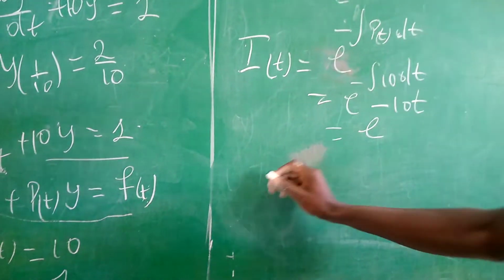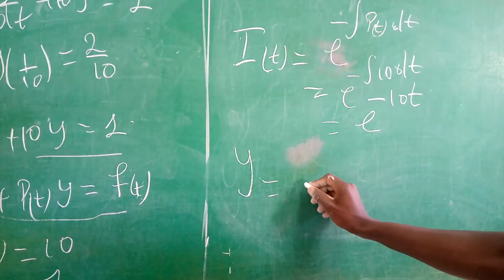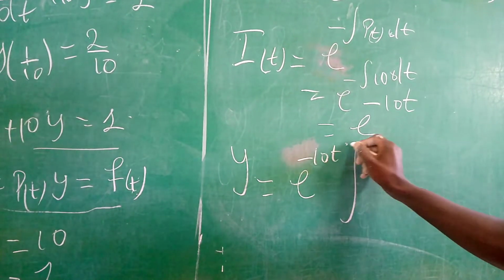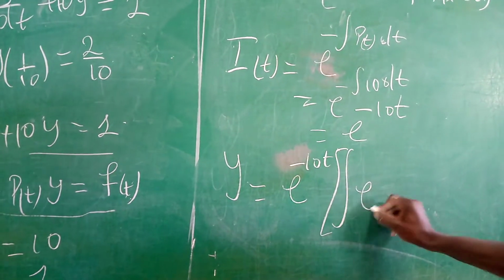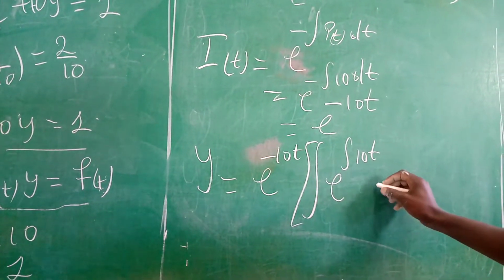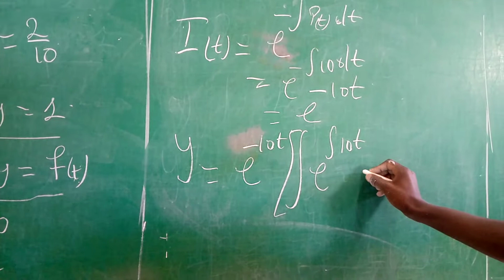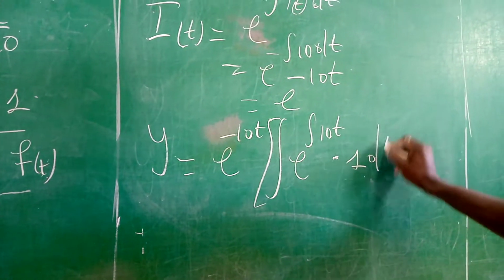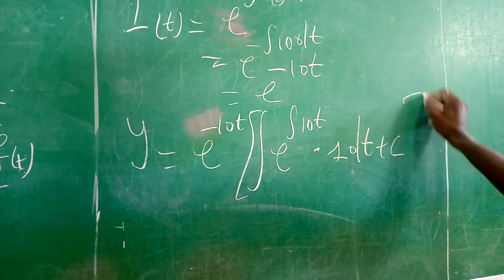And then we are going to find y. Y will be equal to e power negative 10t times the integral of e power 10t times f(t). We have seen that f is 1, times dt plus a constant.